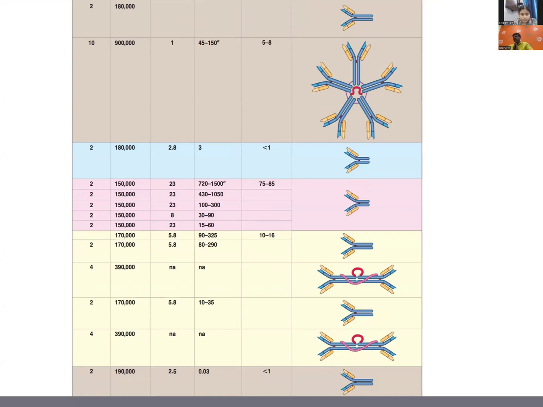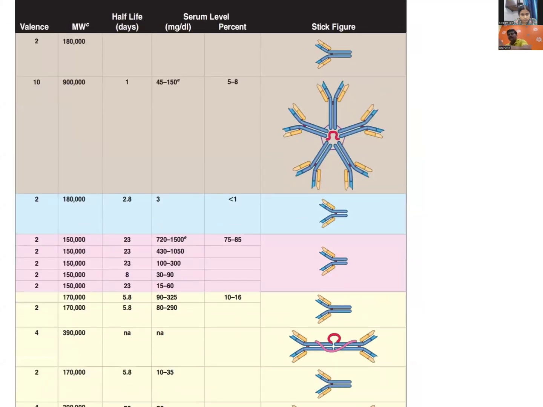You just try to understand how their shape looks, what their valency is. What is meant by valency? Valency is how many antigen molecules an antibody can bind. A monomer, a single molecule, can bind to 2 antigens with its 2 arms.